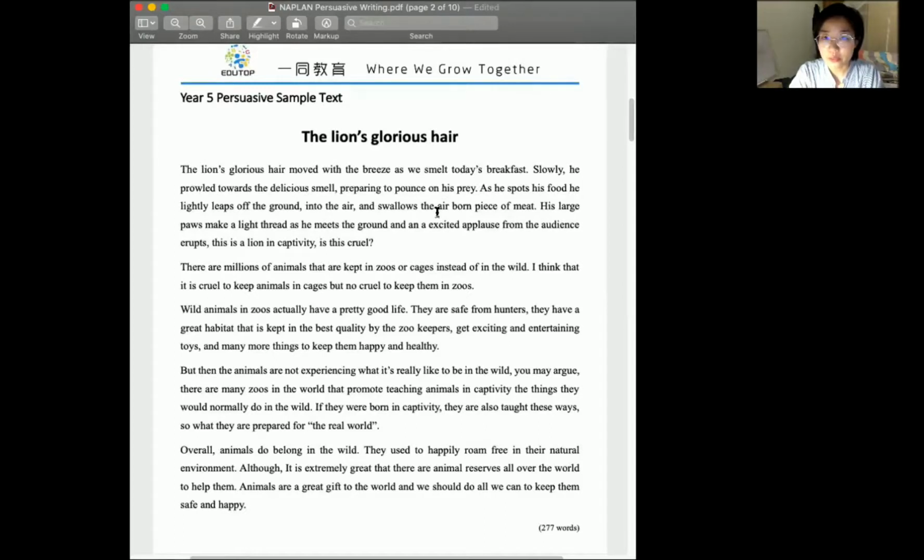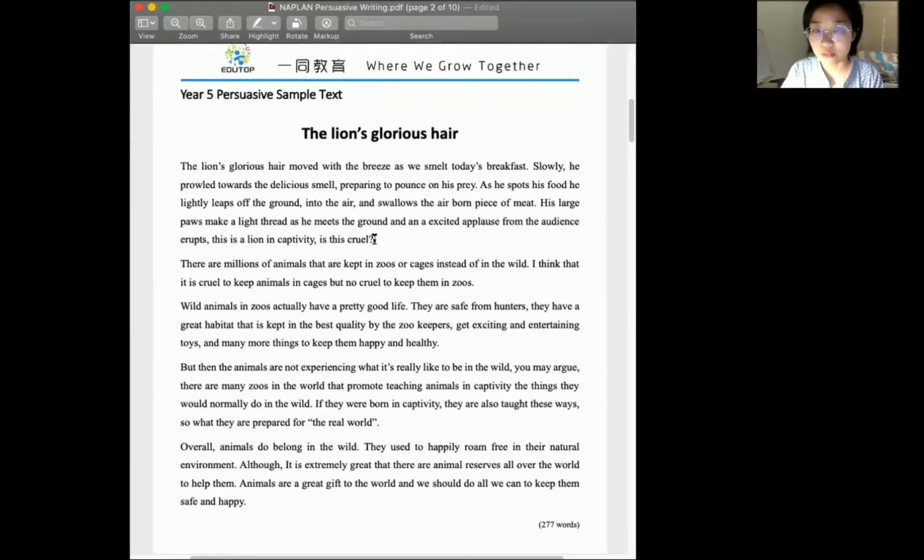The first paragraph is more like narrative writing. It's a description of an event. It actually gave us an image of how a lion eats their food in the zoo, isn't it? It just gave us an image like that.